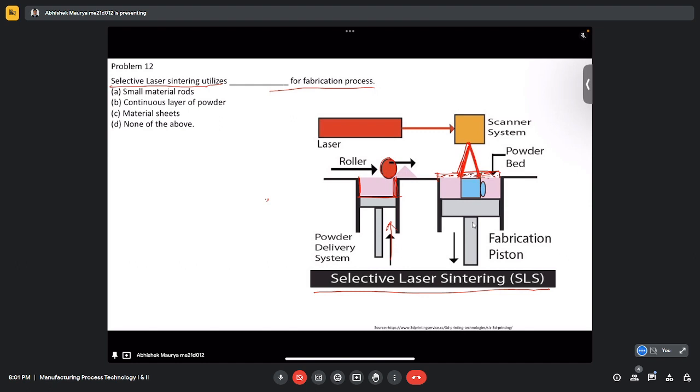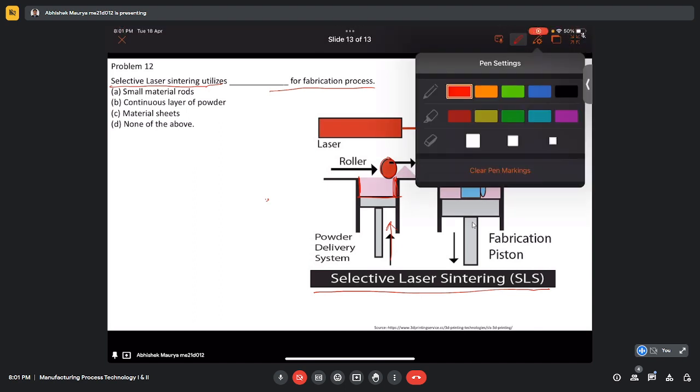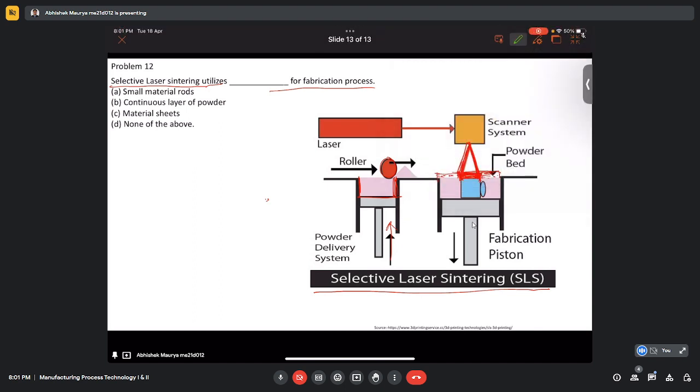This is the power source. It can be a laser also. The power source comes to the selected area, and only in this region does the powder get solidified or sintered. So here also sintering takes place layer by layer.